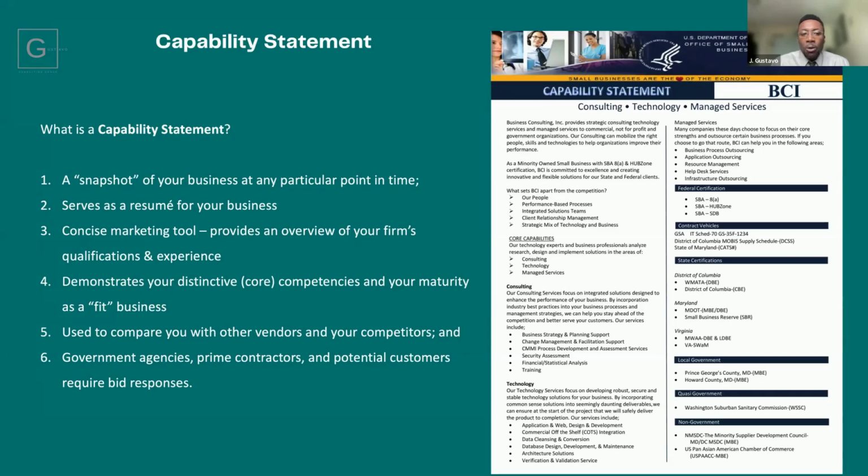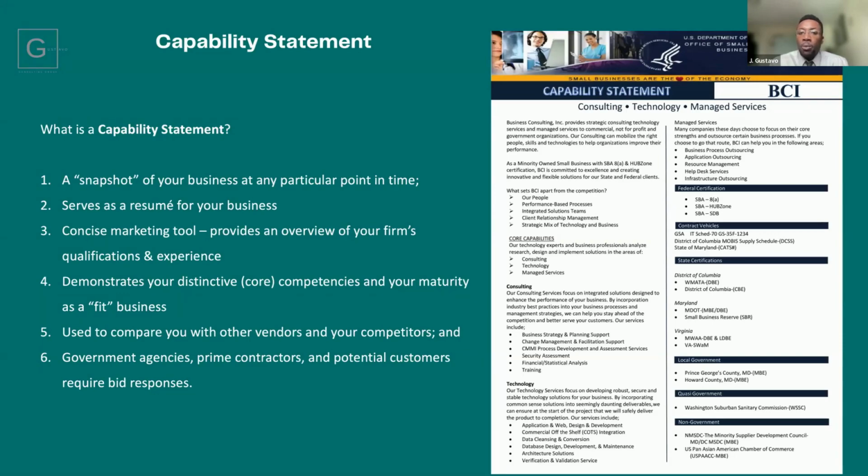It's a concise marketing tool that you have available to use: your qualifications, your experiences, what makes you different, the number of personnel, whether you have provided services to other governments, perhaps in other states, in other countries, non-government agencies that you've provided services to, and the number of certifications that you have that are specific to your industry.